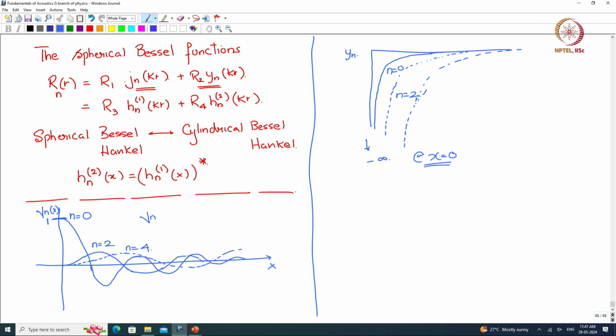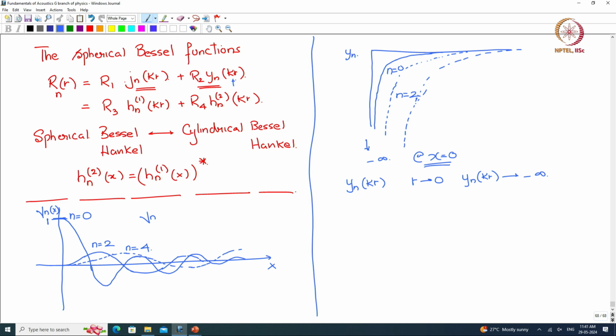So now if the radius r goes to 0, we have Yn of kr. If the radius goes to 0, then Yn of kr goes to minus infinity.